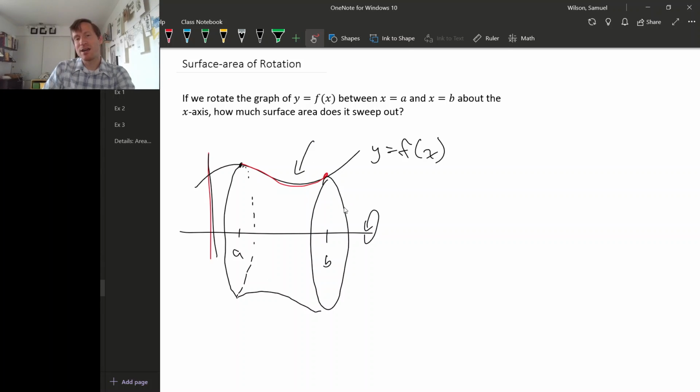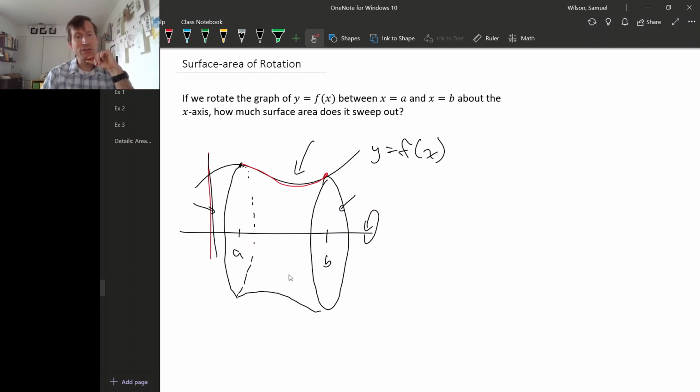Now, I'm not talking about the right-hand end or the left-hand end. Those are sort of open circles on the sides. I'm just talking about the surface area that the graph itself sweeps out as it's rotated around the x-axis. So we could ask, what is the amount of surface area that gets swept out here?